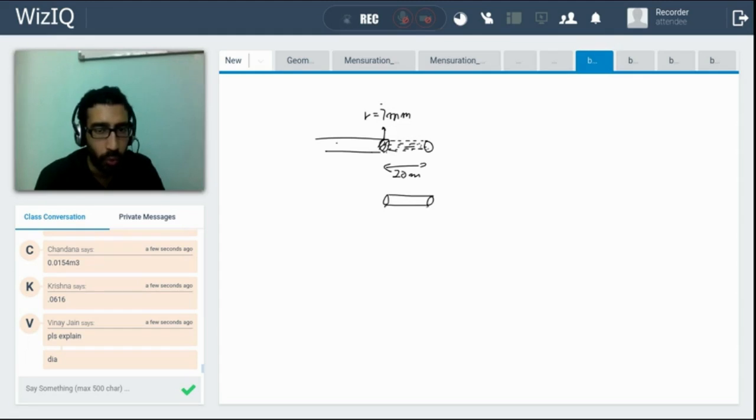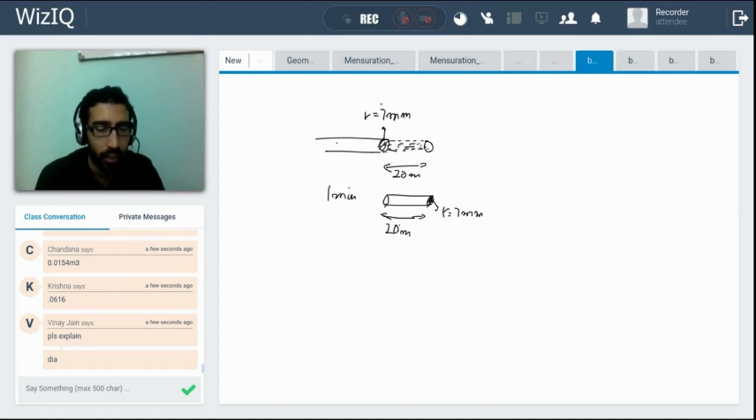So the volume of water thrown out in a minute will be a cylinder of height 20 meter, and of course, as we have seen, of base radius 7 millimeter. This was in 1 minute.